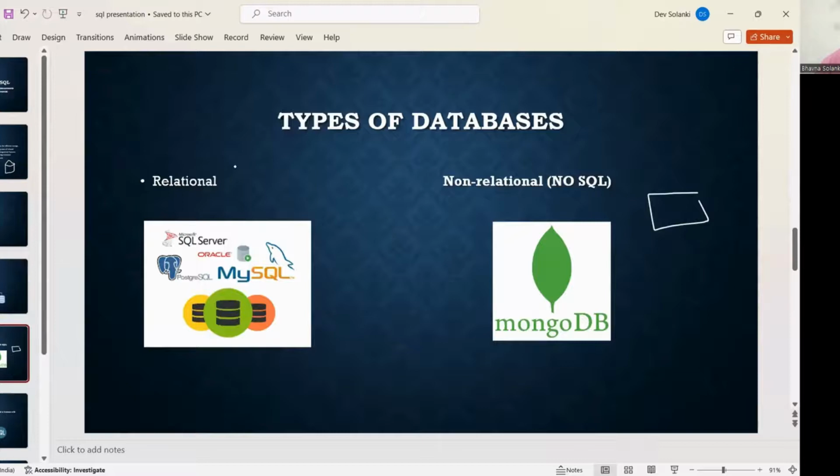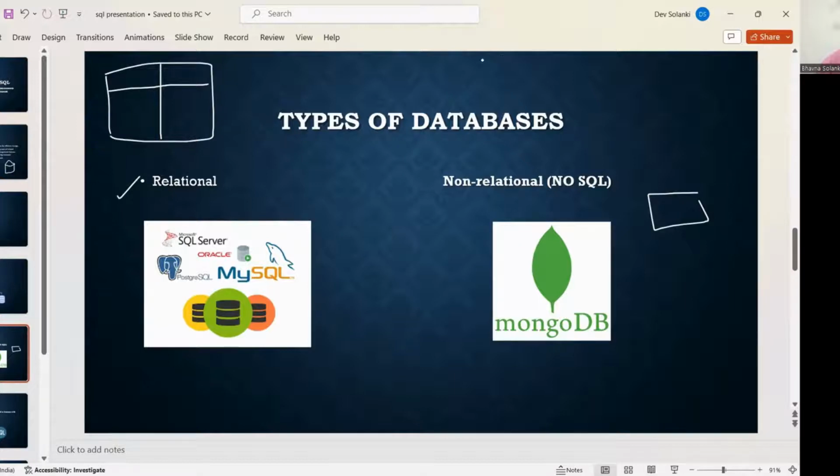Then there are two types of databases. One is relational databases and the other is non-relational databases. What are relational databases? When the data is maintained in the form of a table which contains rows and columns, then it is known as a relational database.